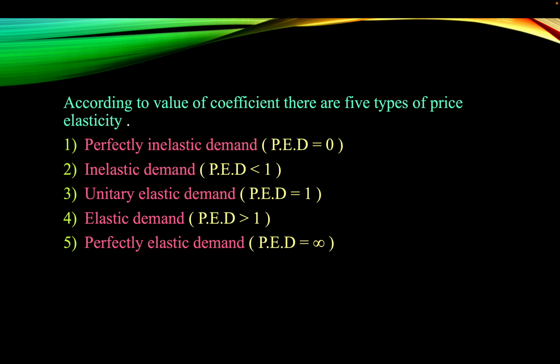If you receive the coefficient as less than 1, that means between 0 and 1, it is inelastic demand. If you receive the coefficient as 1, that is unitary elastic demand. If the coefficient is greater than 1, that means 1 to infinity, that is elastic demand. If the coefficient is infinity, that is perfectly elastic demand.